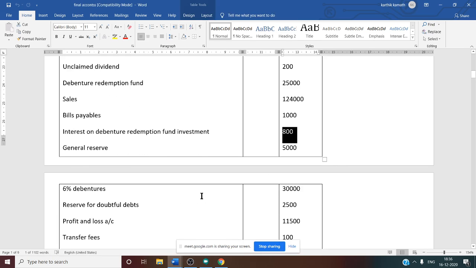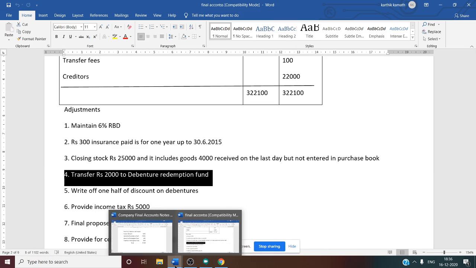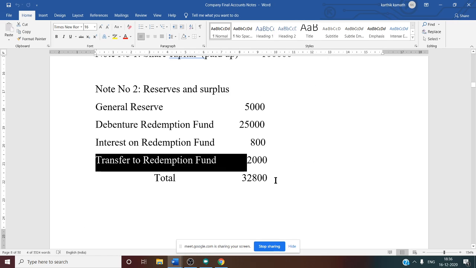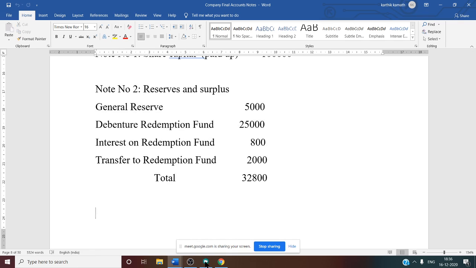See this adjustment, they have given a transfer of 2,000 to the fund. That also you have to include under reserve. So finally, the total reserve balance after adding all these things, 5,000 plus 25,000 plus 800 plus 2,000, is 32,800. That is the total reserve balance.